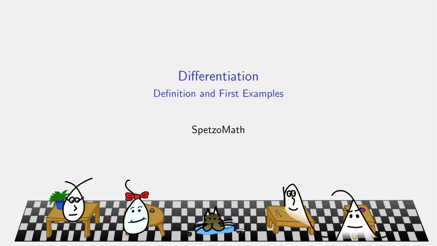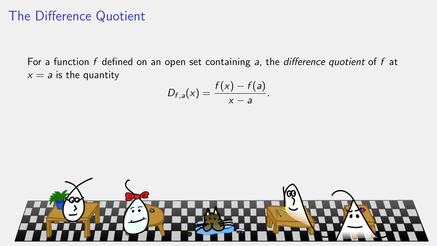So let's talk about derivatives. First thing we want to define is something called the difference quotient. So if you've got a function f of x whose domain contains the point a, but also contains an open set around a.